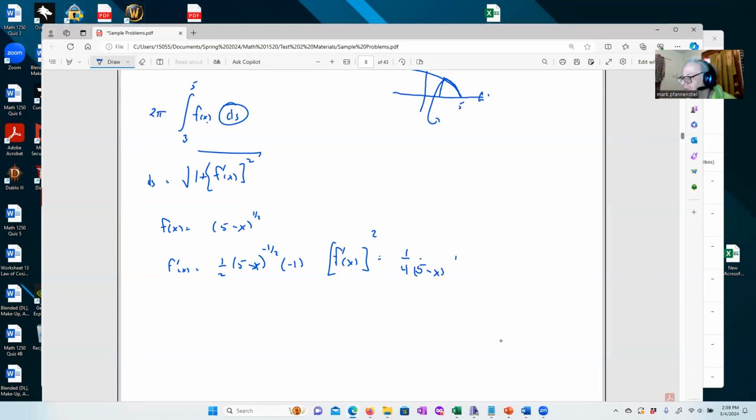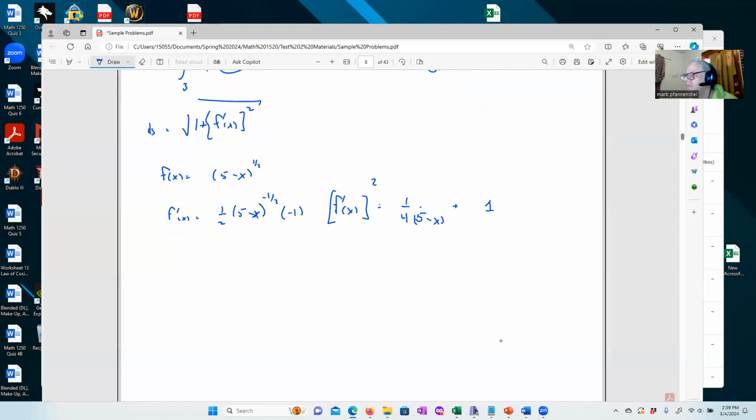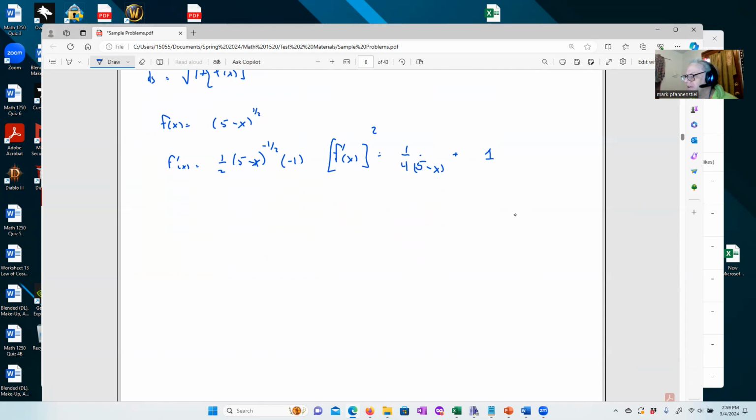And now what we have to do is add this to 1. You have a couple of different options to go with this one. Generally, it's good to find the common denominators of this thing and go ahead and figure that out. So we're going to say we have 1/4 times 5 minus x plus 4 times 5 minus x over 4 times 5 minus x. Let's go ahead and figure this out.